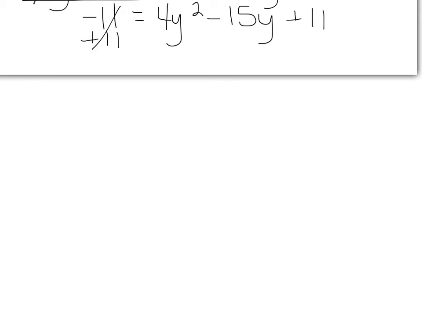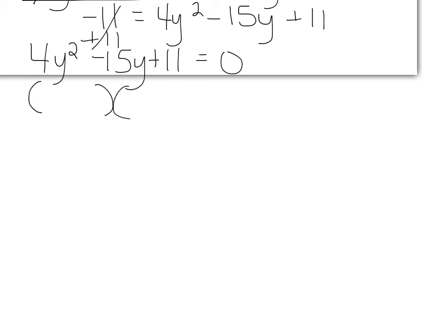So you end up with 4y squared minus 15y plus 11 is equal to 0. Okay, so you're going to have to factor. So both houses get a 4y. Your sign is minus minus. And factors of 44 that give you 15 are 11 and 4.